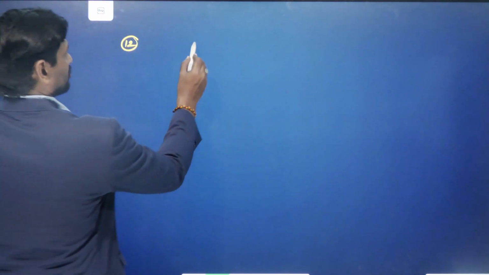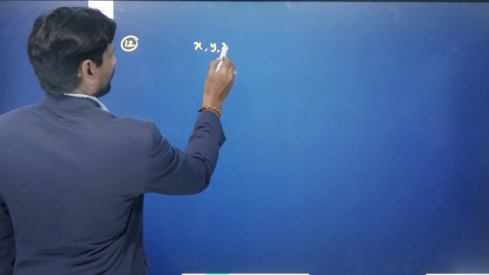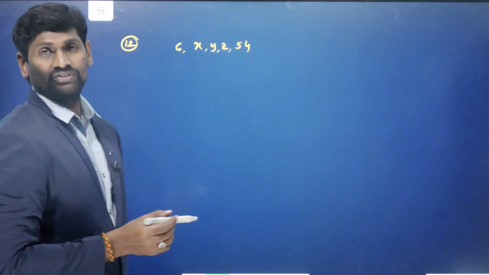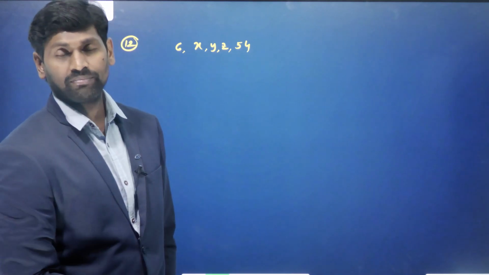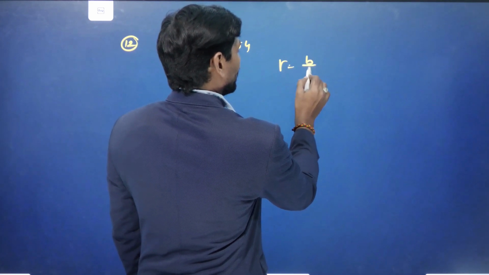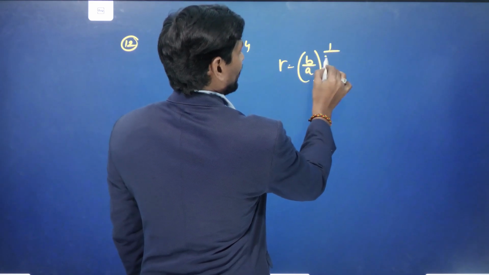The 12th one is given that x, y, z are the geometric means between 6 and 54. I told you already, if there are n terms between a and b as geometric means, then the common ratio r equals b by a whole to the power of 1 by n plus 1.